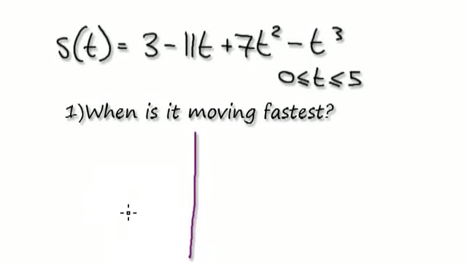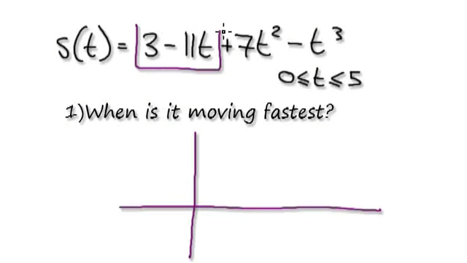So sketch a rough graph just to see what's going on here. When t is small, it wants to do a linear line here. The intercept is 3, a gradient of minus 11. I'm going to guess it to be like this.